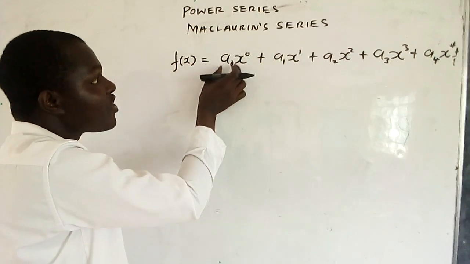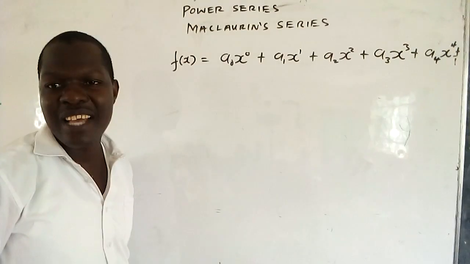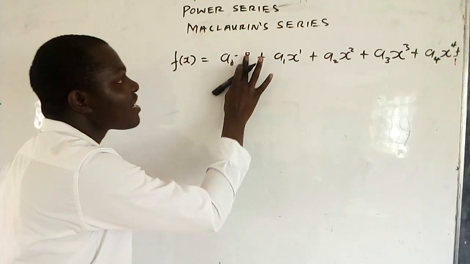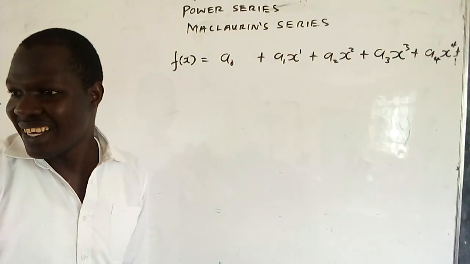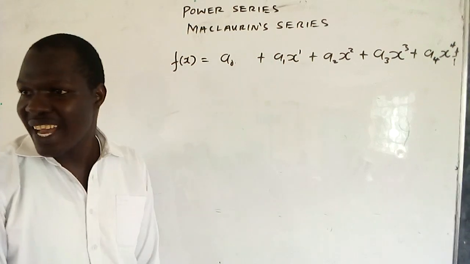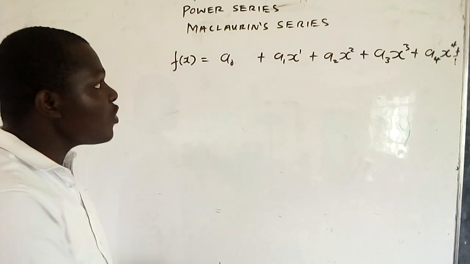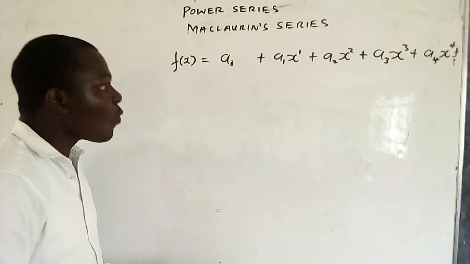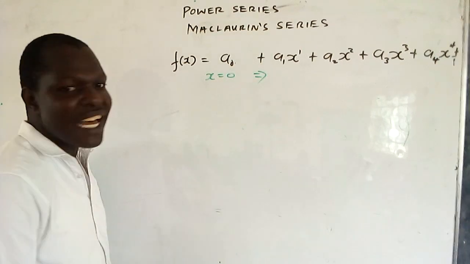So when we want these values here, when x is raised to power 0, what does that imply? Anything raised to power 0 is 1, meaning this x raised to power 0 is silent, so it's just a_0. Are we together there? So it is just a_0 plus a_1 x. Are we together? So at this point, when x is equal to 0, what does that imply?